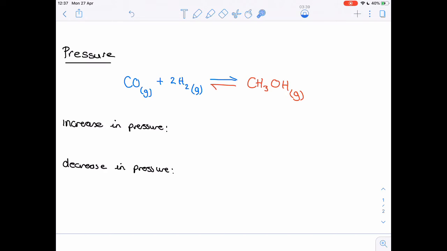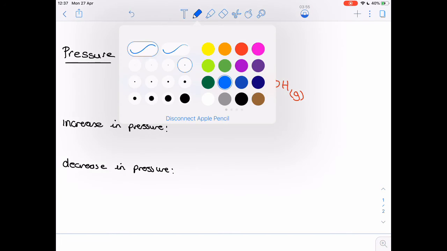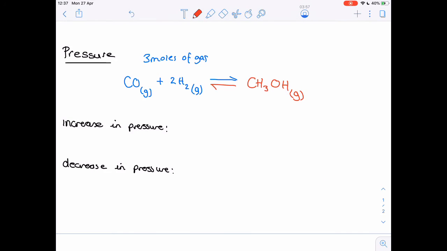If you have a look at this, there's an imaginary 1 in front of here and an imaginary 1 in front of there, and there's a 2 in front of here. So this side has 3 moles of gas, whereas on the right hand side, there's just 1 mole of gas.